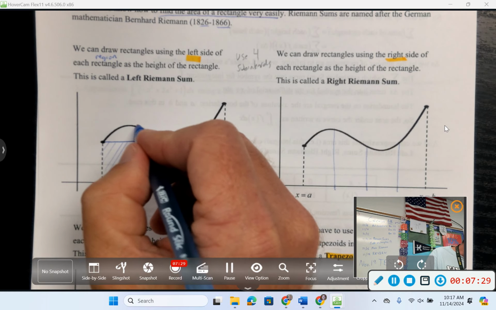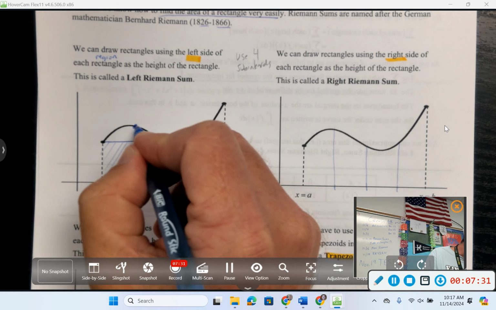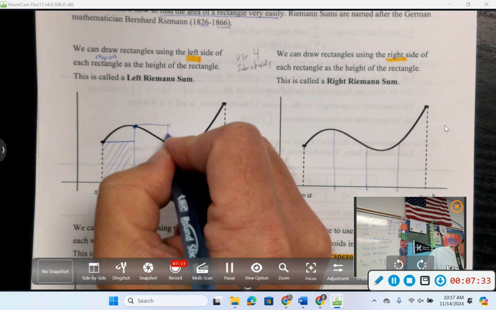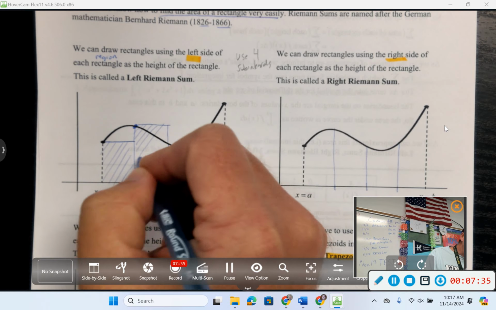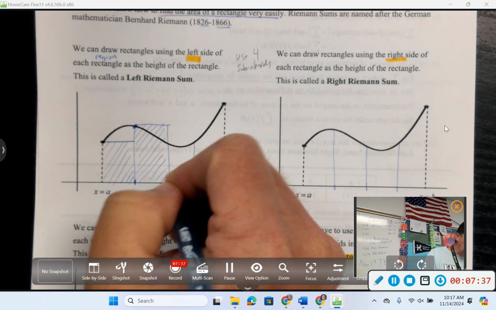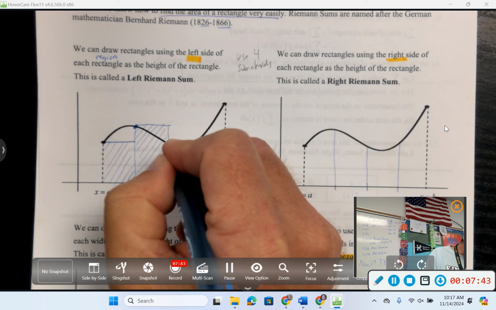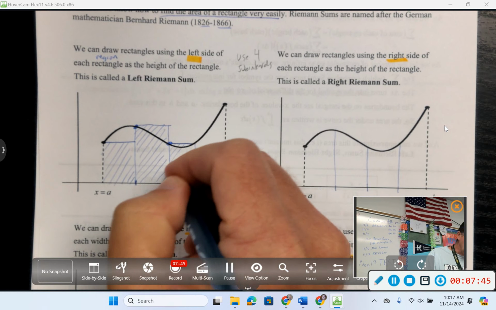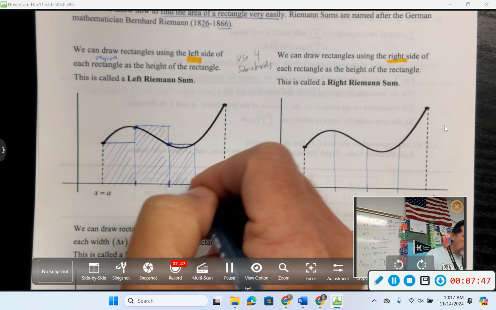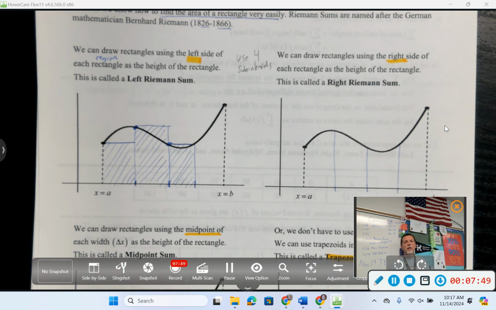And my second rectangle, again, use the left-hand height. This one would be bigger than the actual area, but that's all right. Again, coming from the left-hand height of the rectangle. That third one's pretty close to a reasonable area.